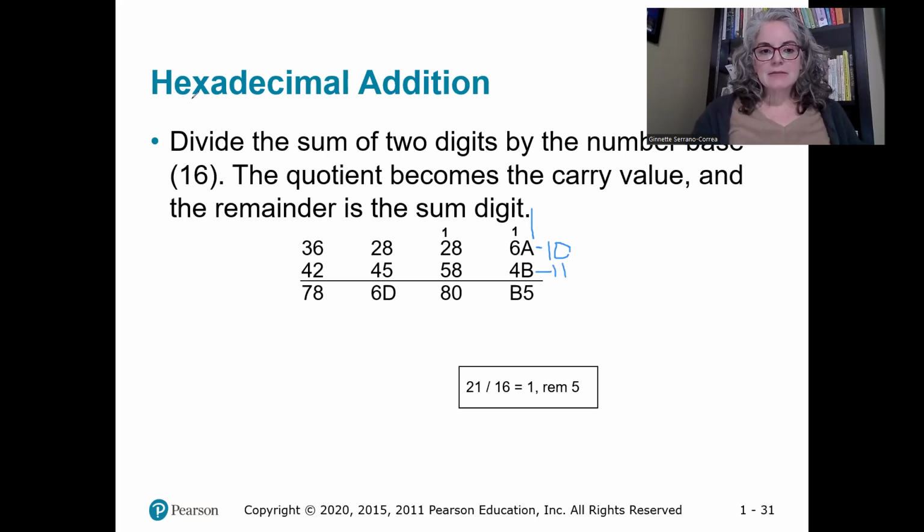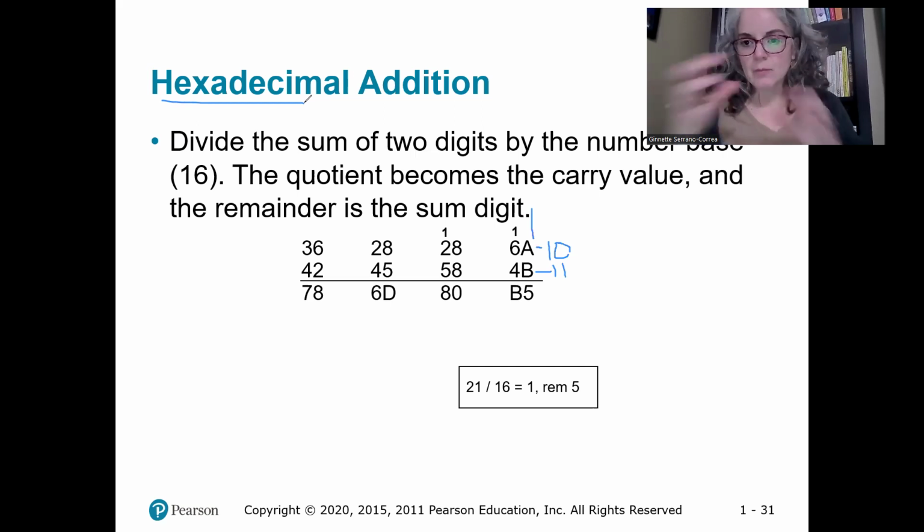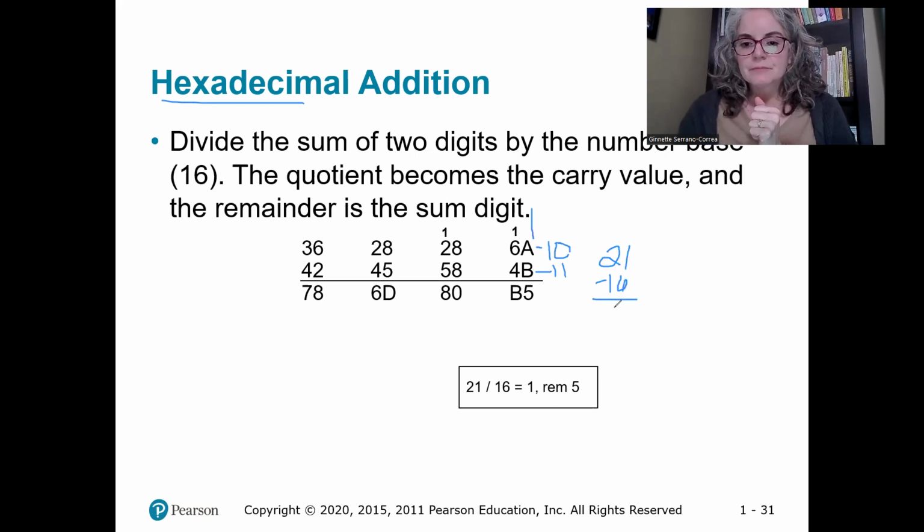Now this is hexadecimal, so it's base 16. Once you have a 16, you're going to carry that 16. You carry 1. So 10 plus 11 is 21. 21 minus 16 is 5. So I'm going to carry this 16 here, and the remainder is 5.